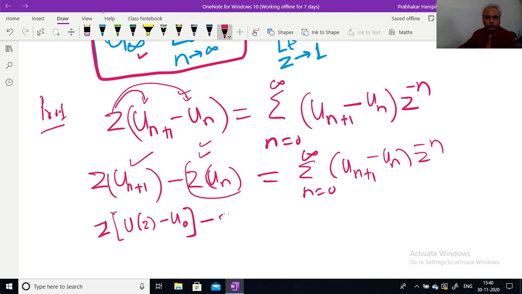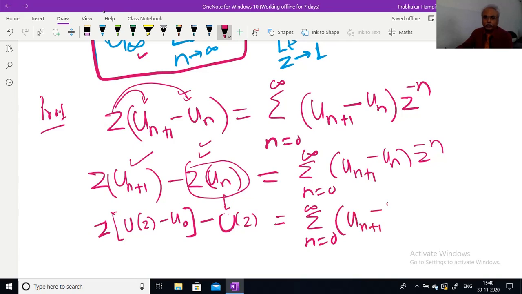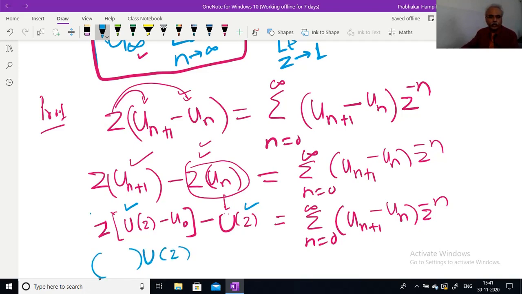Still I don't want to change this right hand side, the sum of (u_(n+1) minus u_n) z raised to minus n. Now here in this case there are two u(z) values. If I take u(z) common, what remains is z here and minus 1 here. So that is the z minus 1 in the theorem. This term remains, minus z into u naught minus u naught; z remains.